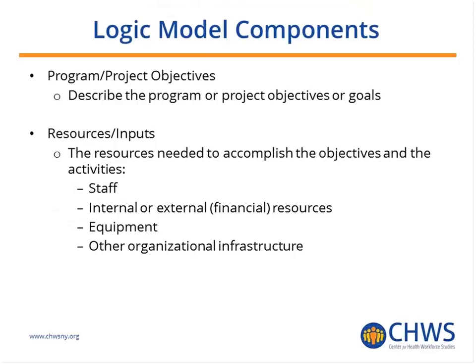So for objective 1, what are the activities, what are the outputs, what are the intended outcomes? Same thing with objective 2: what are the resources, activities and outcomes? Because they may be different, and I think it's good for program managers and project managers to break out their logic models by each objective, maybe a page for each objective. That way it's clear.